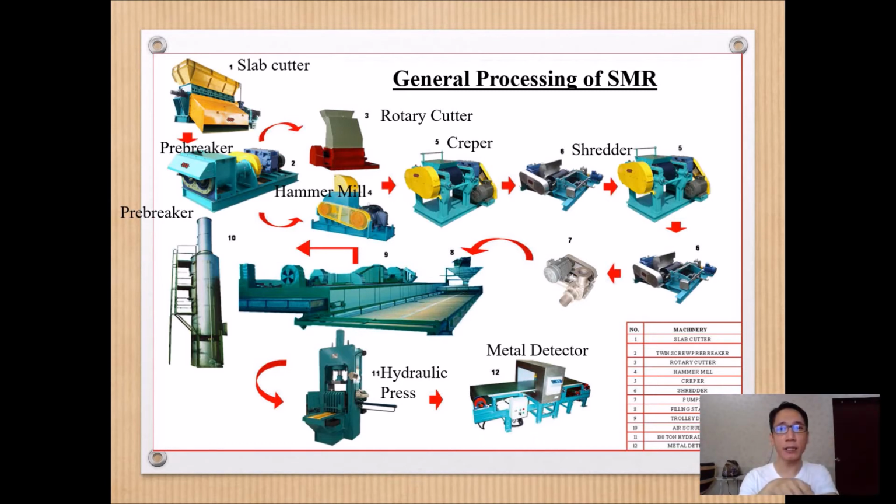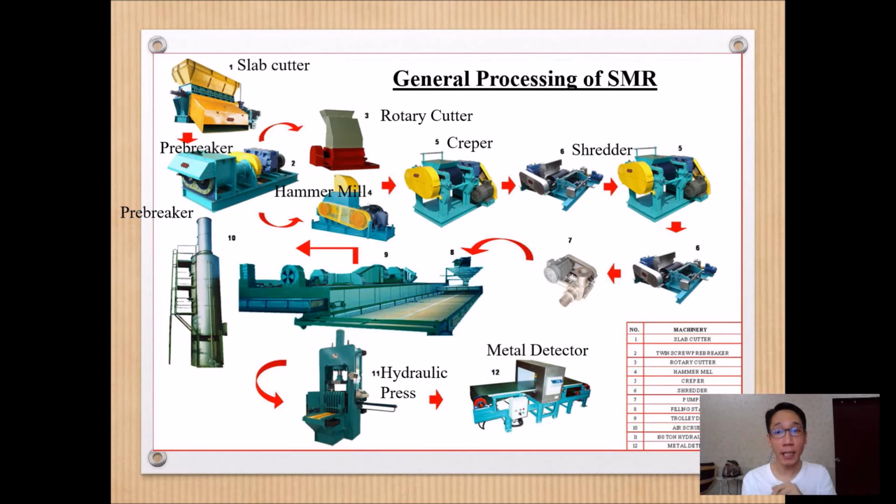The purpose of folding in the creeper is to mix all your field grade materials together, because we know that the field grade you receive is not from the same field. Say you receive some from estate A, estate B, estate C, and each estate has different field grade. So with cutting and folding, you mix your rubber homogeneously. That is the purpose of the creeper and the folding process.